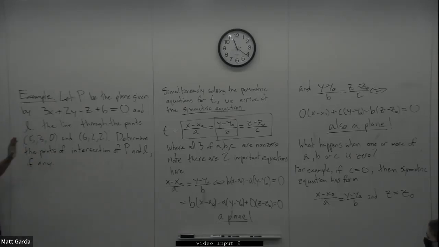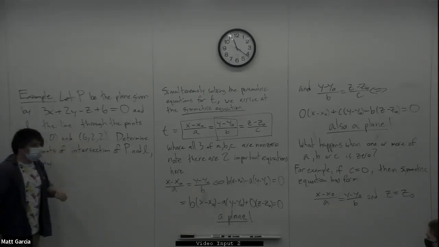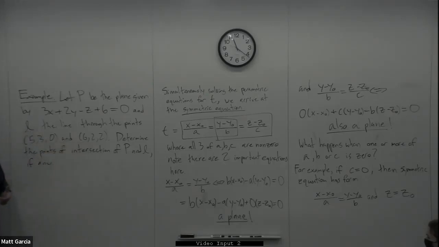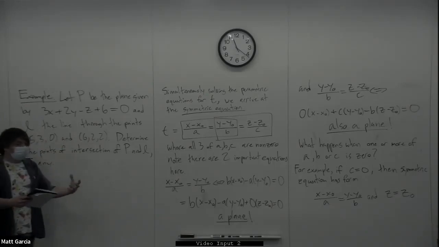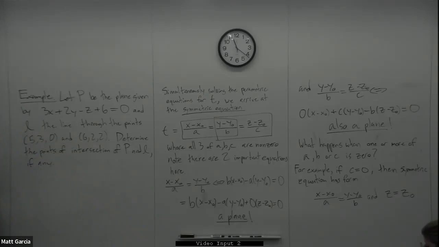So if I insist that I go through the points (5, 3, 0) and (6, 2, 2), that must specify a line. Now it's my job to interpret this in terms of vectors so I can write an equation for that line. So how should I proceed? Yeah. Subtract the point (5, 3, 0) from the other. Yeah, exactly. We'll find the displacement vector between these 2 points in space, by just subtracting one from the other.